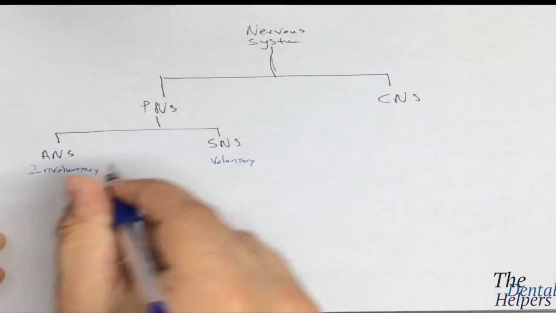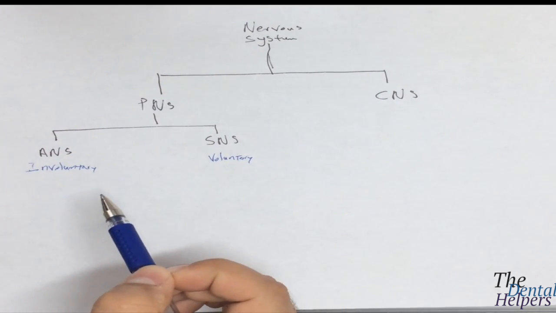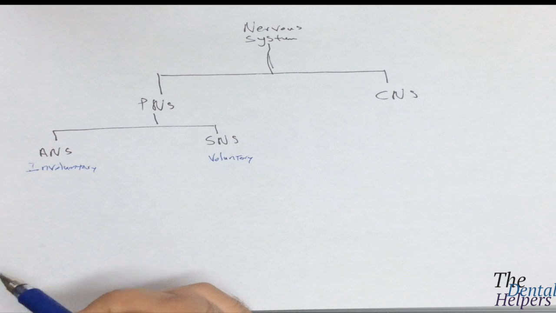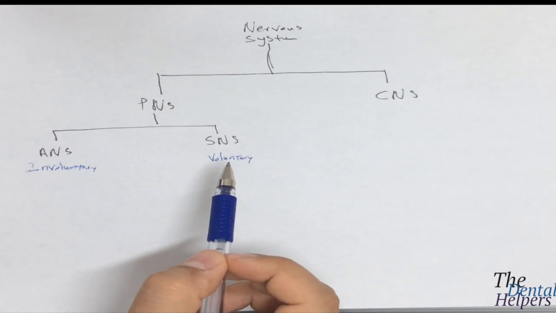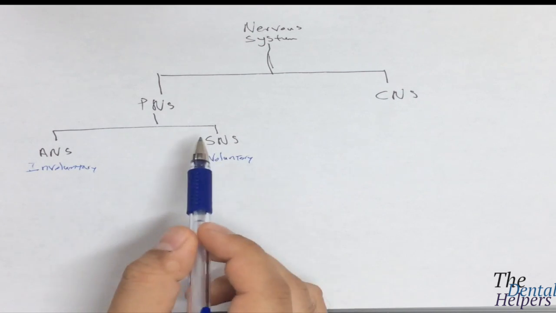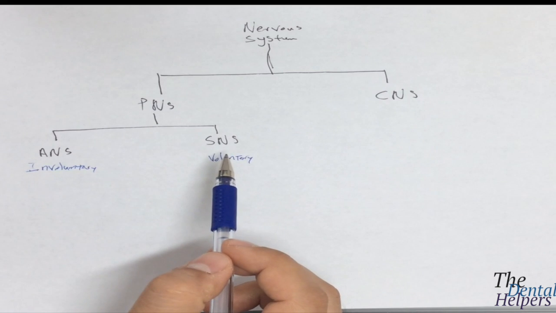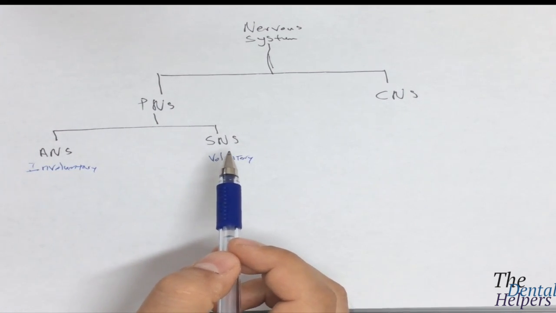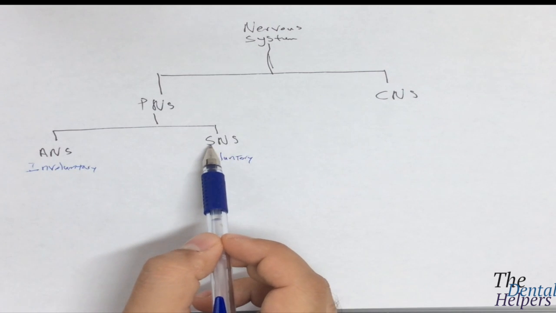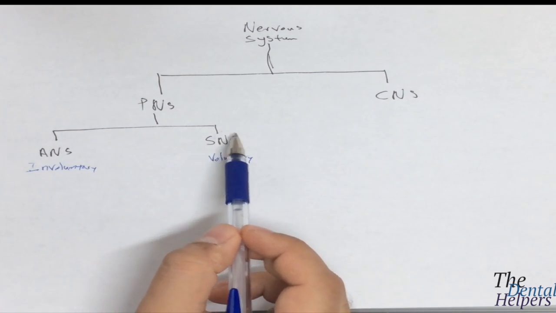And what that means is the autonomic nervous system is going to take information from the internal receptors and it's going to send out information to the smooth muscle and glands, while the somatic nervous system is going to take information from the sensory organs, and it's going to send output to the skeletal muscles. So if you want to have a quick way to remember this, it's S and S. So the first S is the sensory, the second S is the skeletal.